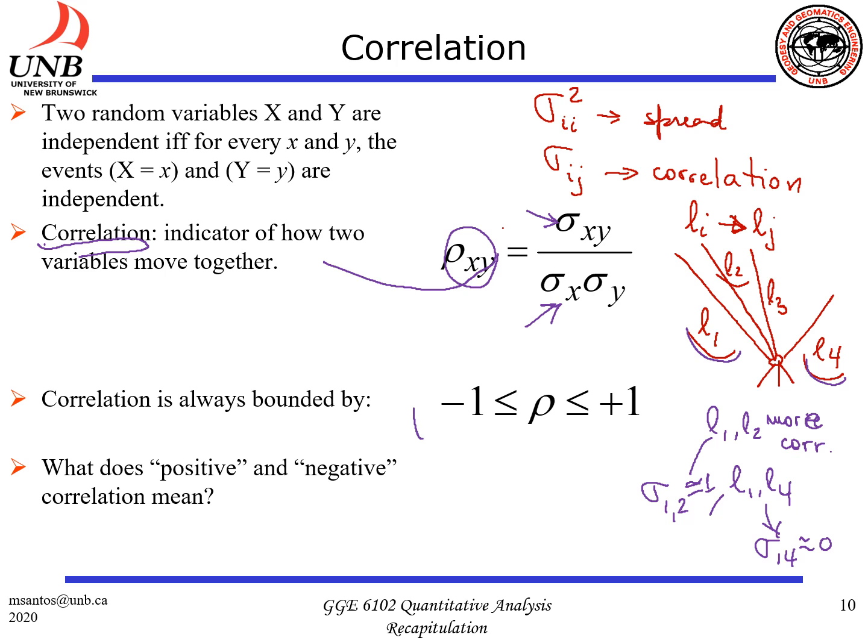Correlation is a quantity that is bound between -1 and +1. If the correlation coefficient, as we call this rho here, equals 0, we are going to say that there is no correlation.